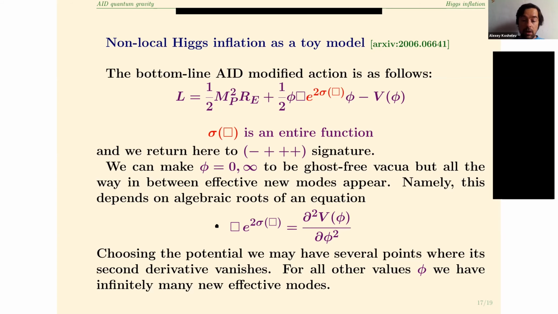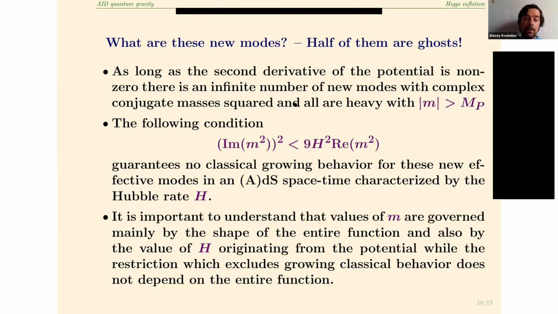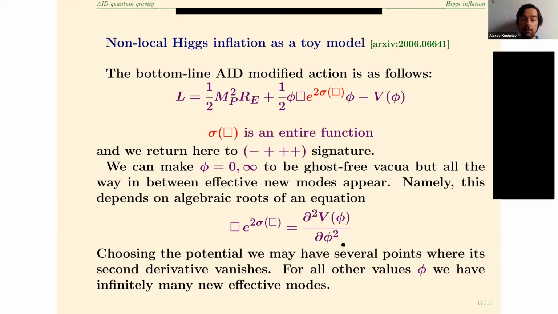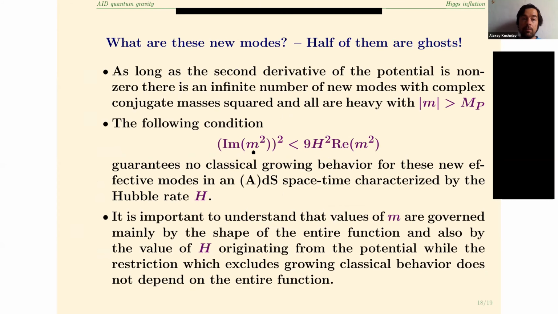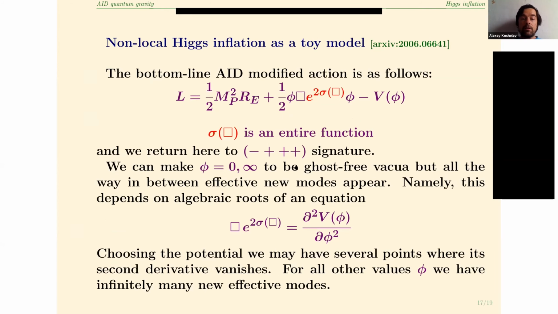But what I know and what we have found is that as long as at least in this particular example, we can organize that in each and every point here for every value of phi, which essentially transforms here to m squared, we can make such a relation between possible roots of our equation. Then when I say our equation, I mean this equation as algebraic equation with respect to box.